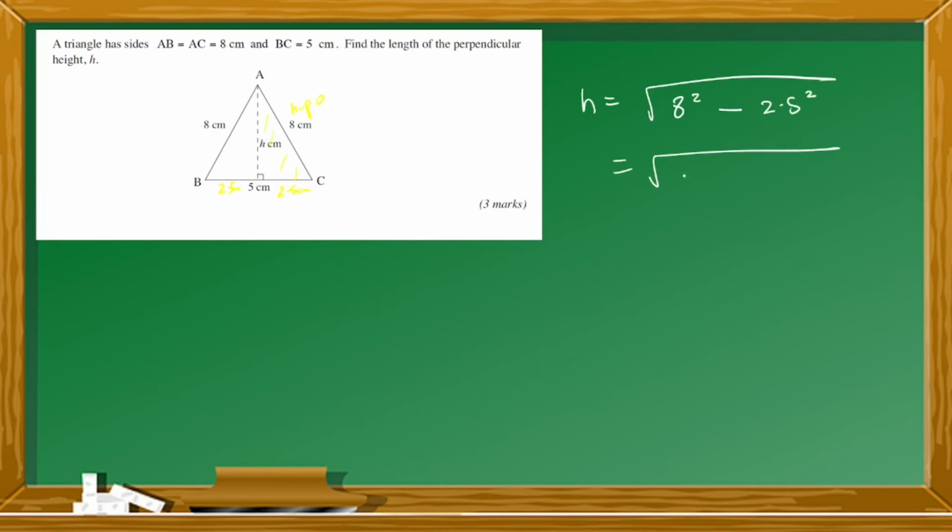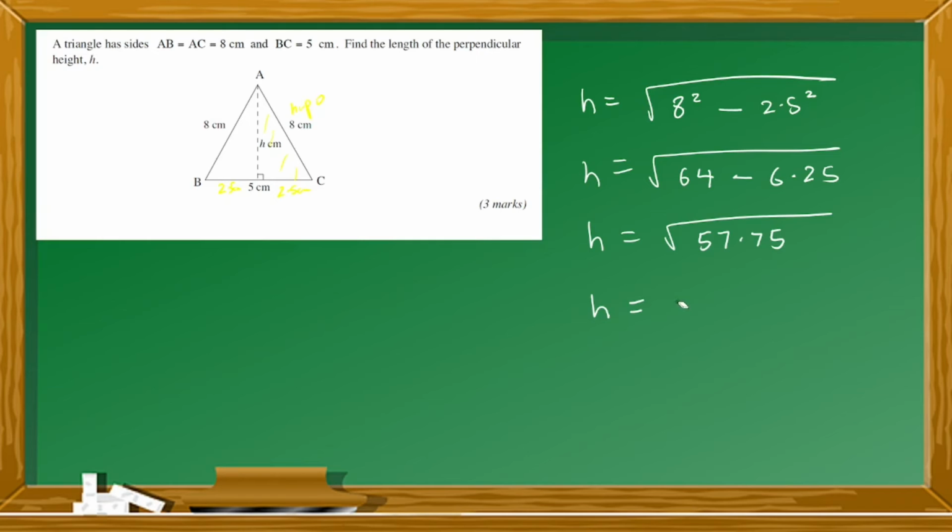We're going to go ahead and simplify. So 8 squared is 64, and 2.5 squared will give us 6.25. Go ahead and simplify some more. When we take away 6.25 from 64, we will get 57.75.